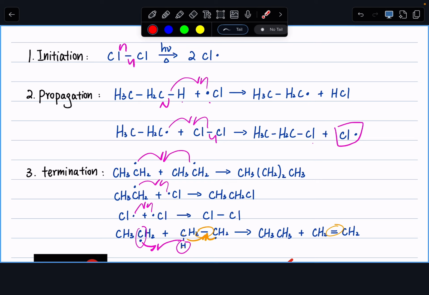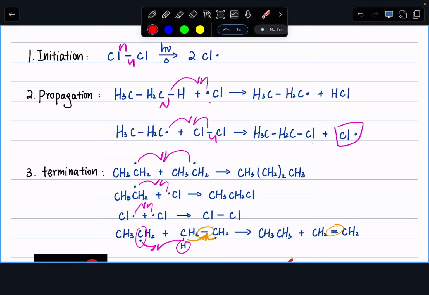Of course, the selectivity of the entire reaction is reflected in the selectivity of each elementary step. In this case, the selectivity is determined by the step where your chlorine dot comes to abstract the hydrogen. The termination steps have little effect on the overall site selectivity.